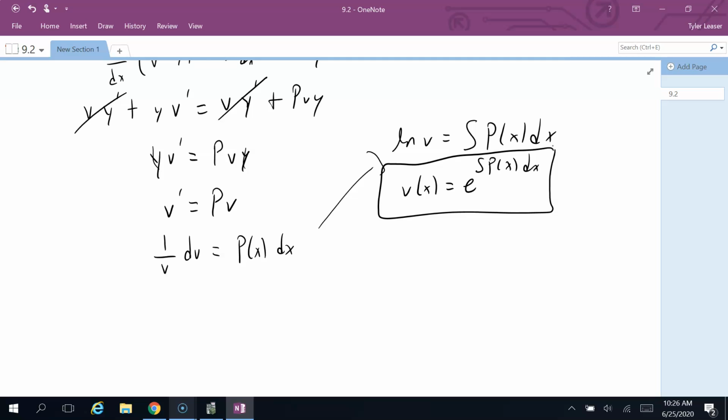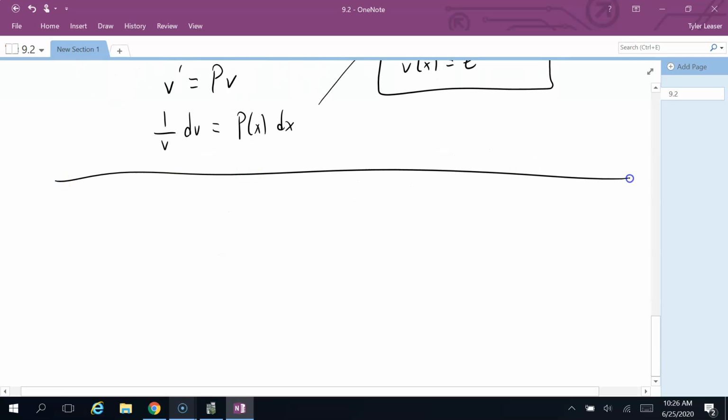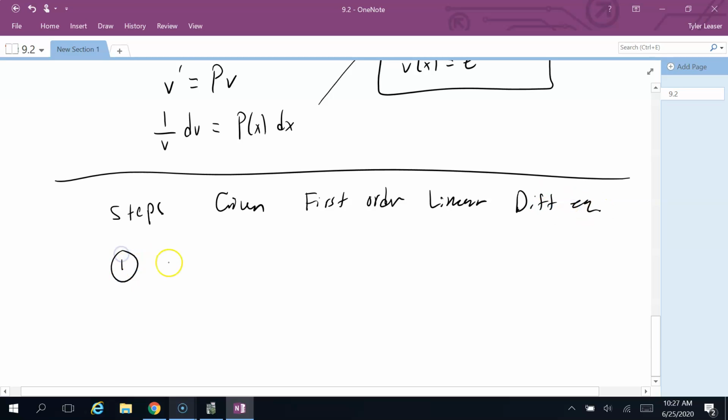This is now the formula for finding the integrating factor. Okay, so I've thrown a lot at you, I know, but this is kind of the setup. So let's look at the steps. Given a first order linear differential equation. Step 1: if needed, rewrite in standard form.